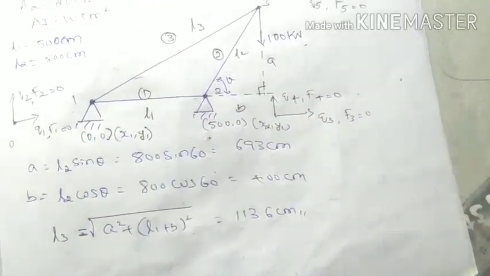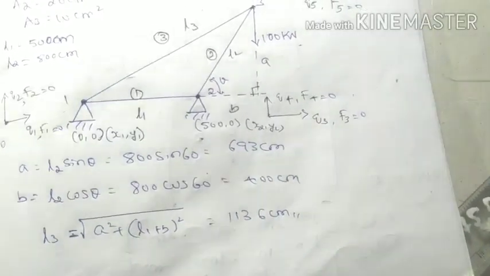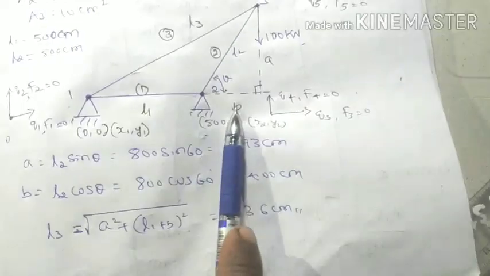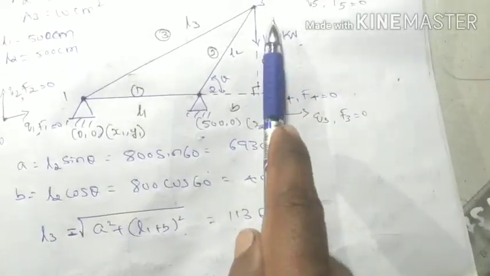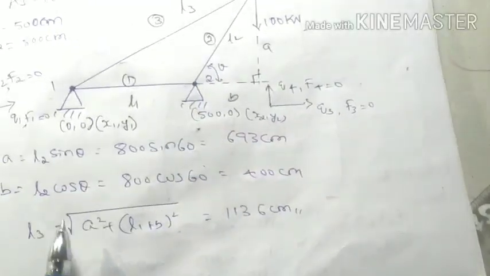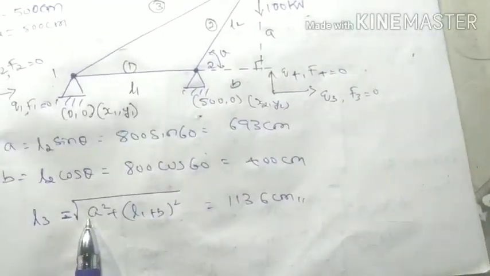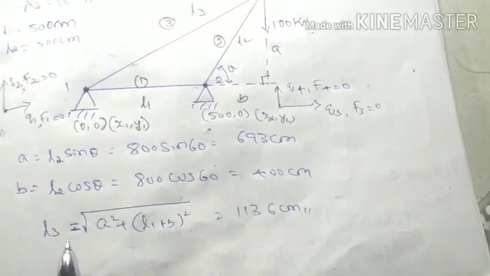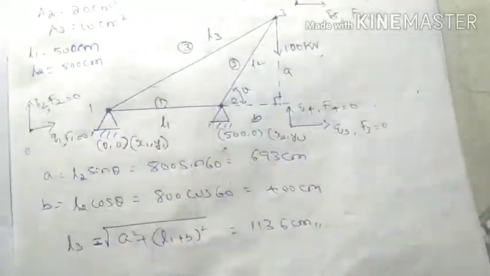According to Pythagoras, L3 squared is equal to (L1 plus B) whole squared plus A squared. L1, B and A are known, so we can calculate L3, which becomes 1136 centimeter. Therefore we got L3.